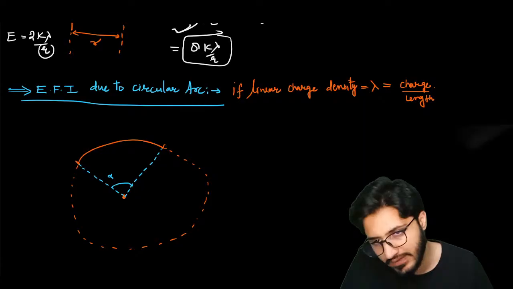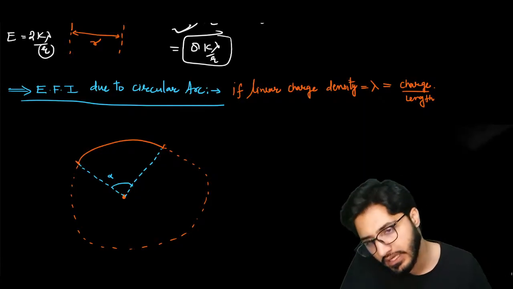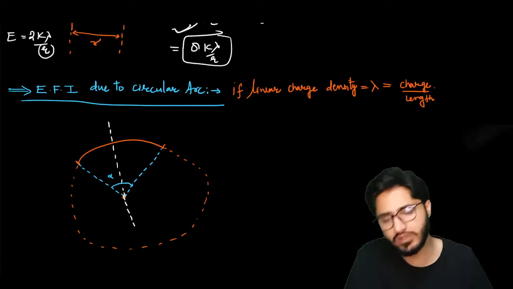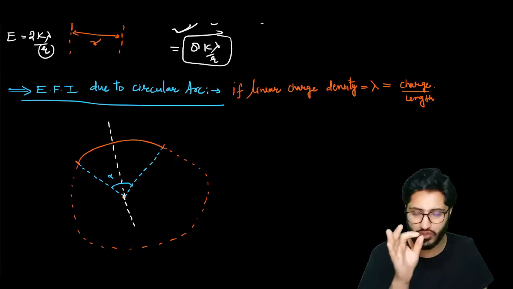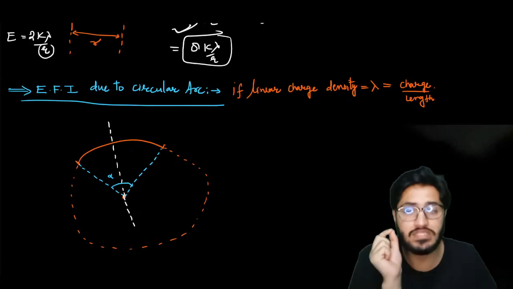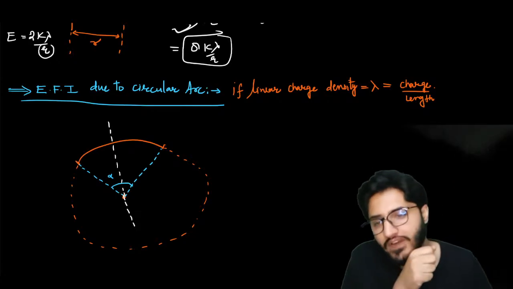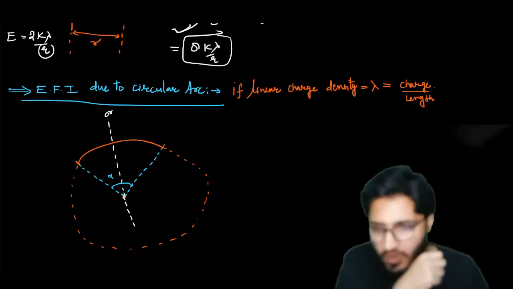Now I will divide the whole thing from the center. If I divide the arc into two parts, these parts are symmetrical to each other. If I take this as the origin, let us say it is the origin.